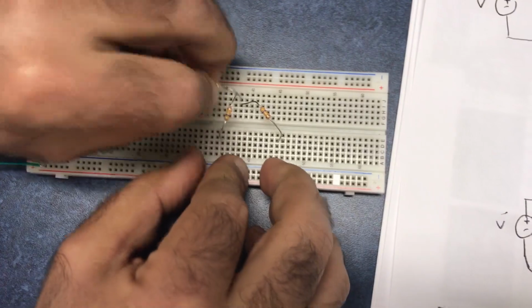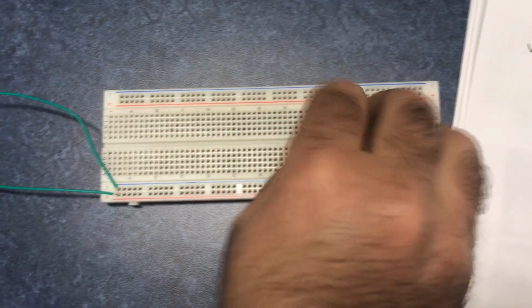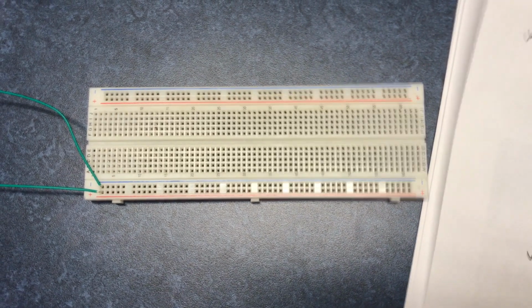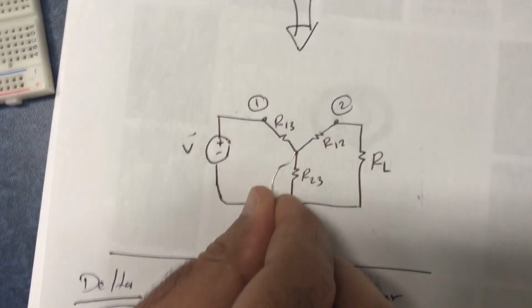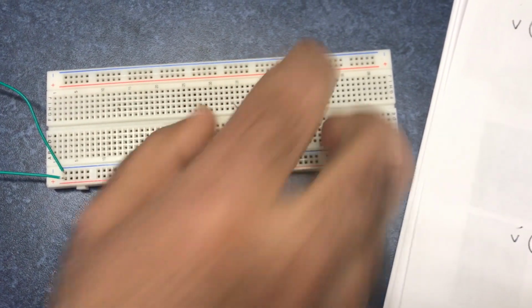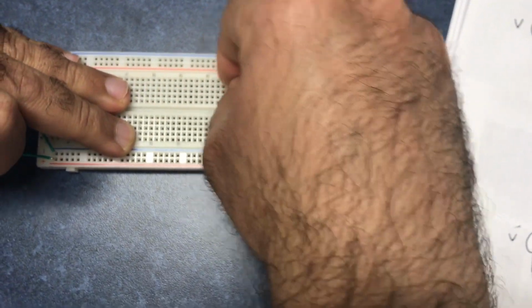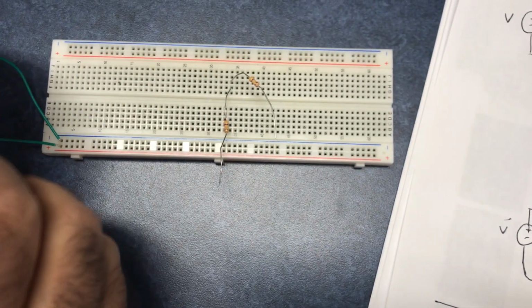So I will disconnect those three, and I will connect R1, R13, R23, R12. All of them are connected to this node. So I will connect this, for example, connect this, and connect this.